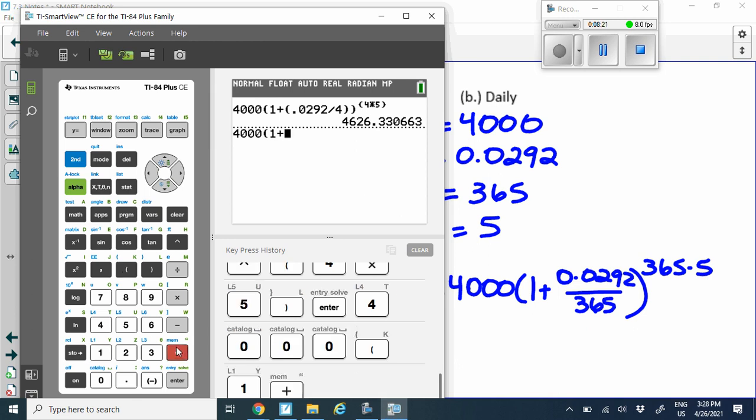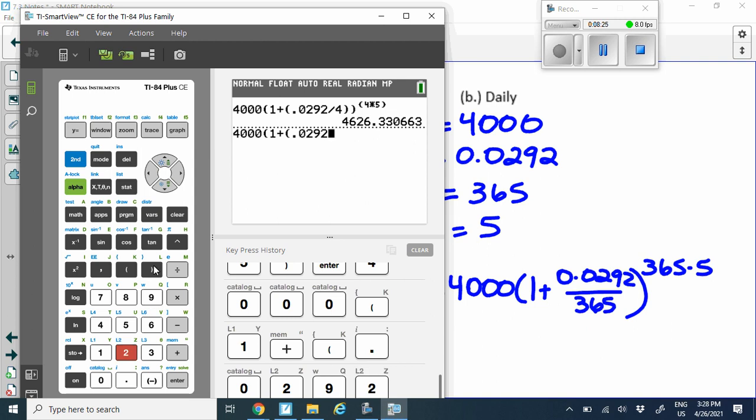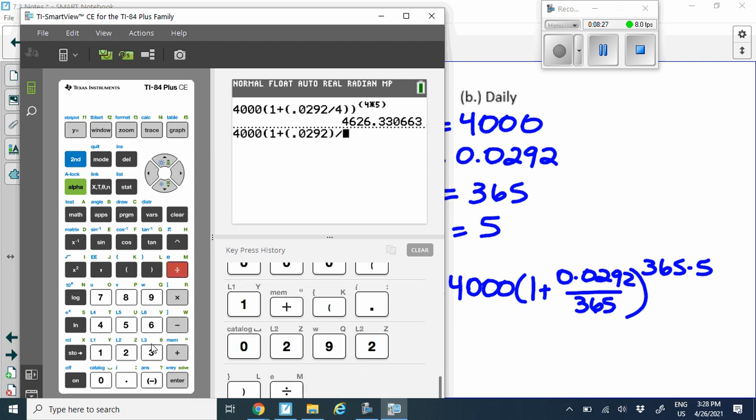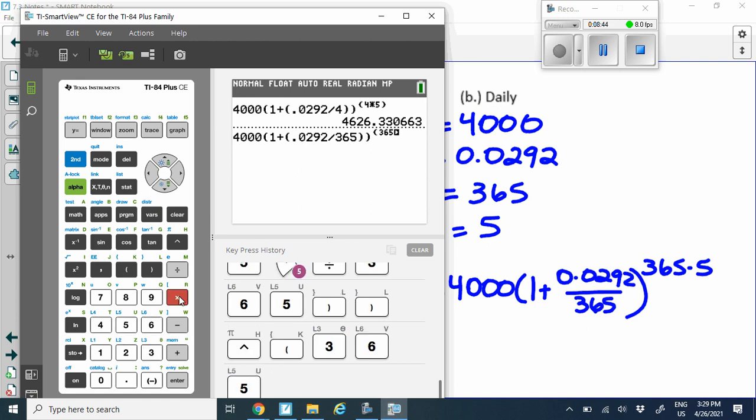Okay, so we do 1 plus parentheses, the 0.0292 divided by 365. And I should not have closed that parentheses there, so I'm going to rewrite this. Okay, now 2 sets of parentheses. There we go. This is why I said to use parentheses, because 365 times 5, I can't do that in my head.